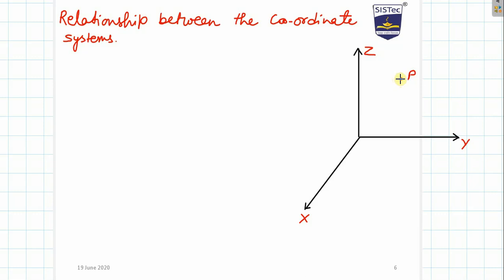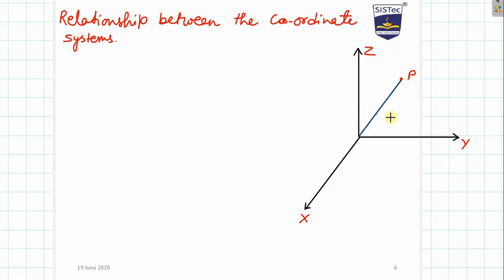Now you know that if we draw the vector joining the origin to the point, then it is your r vector.